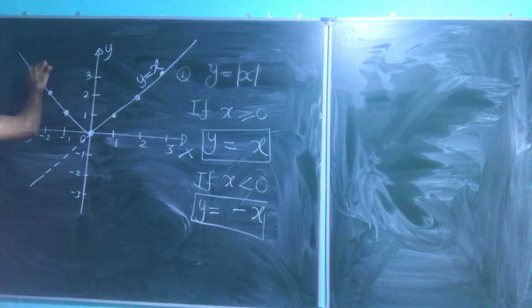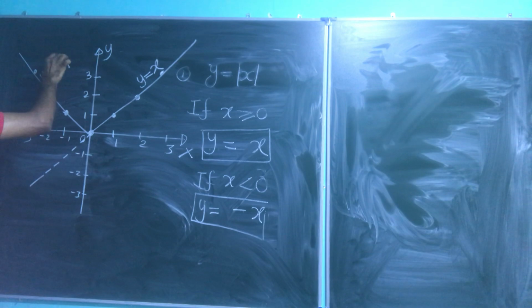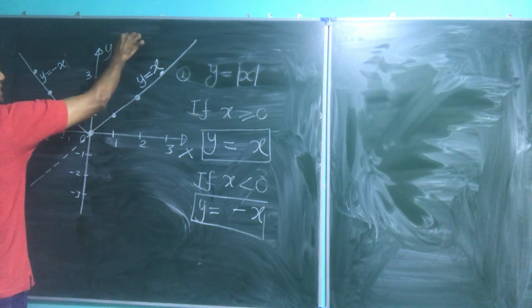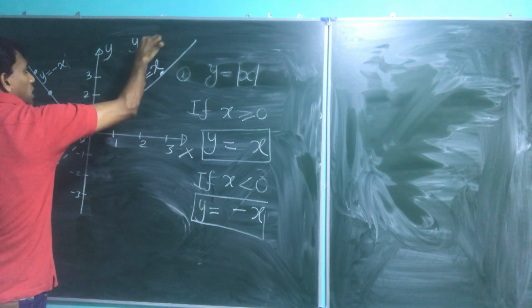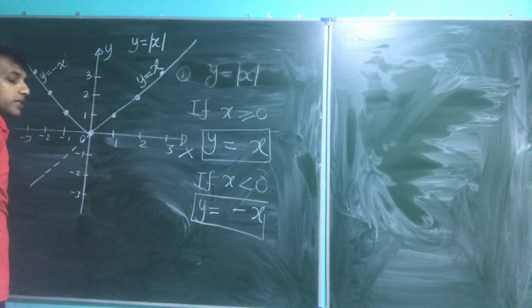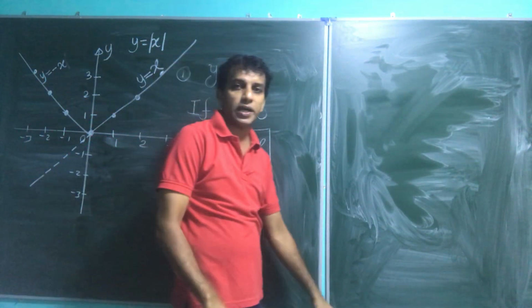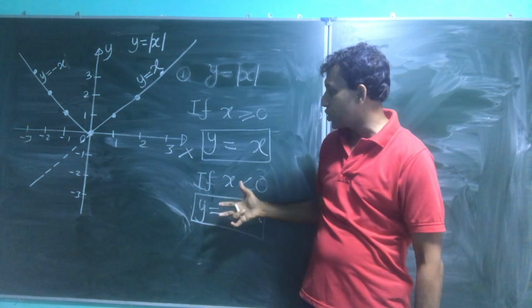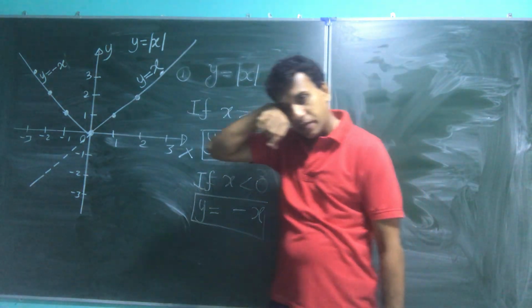This is called the y equal minus x part. This is y equal x. Together the graph of what? Y equal modulus x, right? This is the graph number 1, y equal mod x graph, simple. Using the definition and the sketch, right?